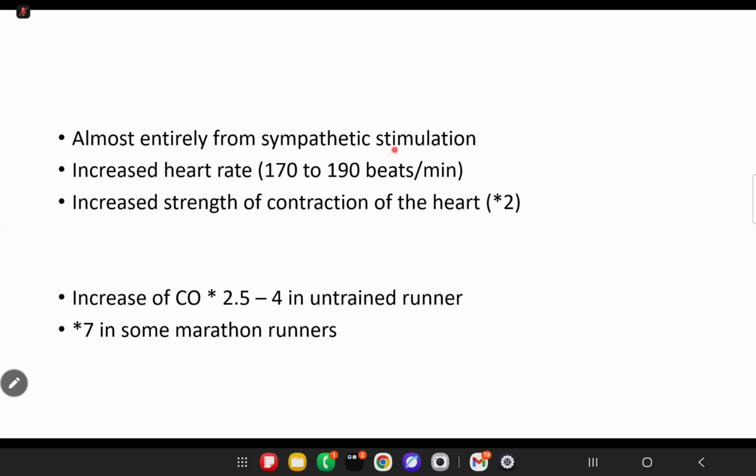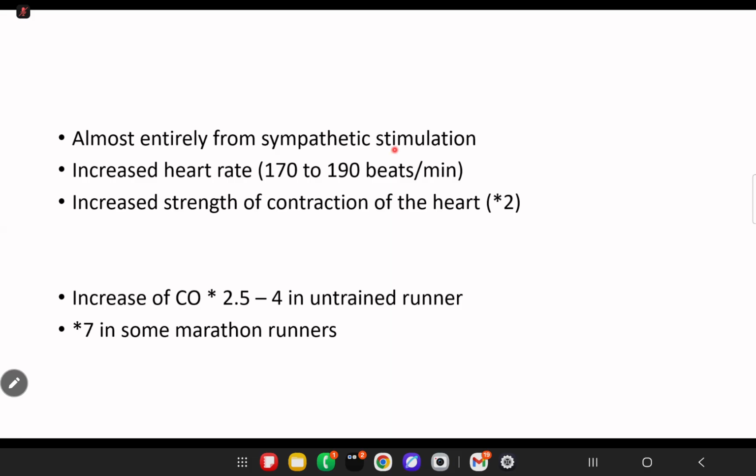So cardiac output, if you remember the definition, is the amount of blood volume ejected by a ventricle into either the pulmonary or the systemic circulation. And that can be calculated based on the stroke volume and heart rate. By sympathetic stimulation, you will increase your heart rate to around 170 to 190, and the contractility you double.